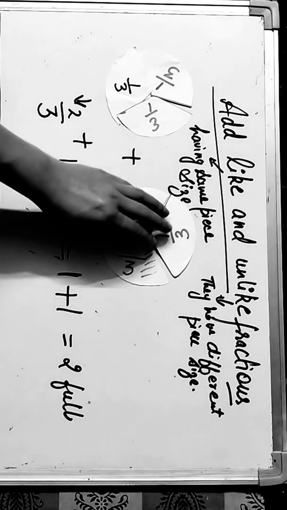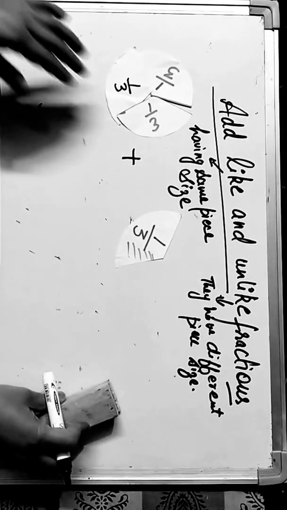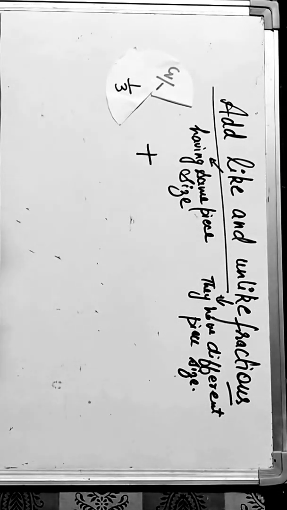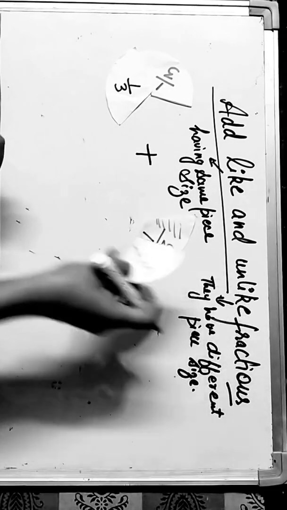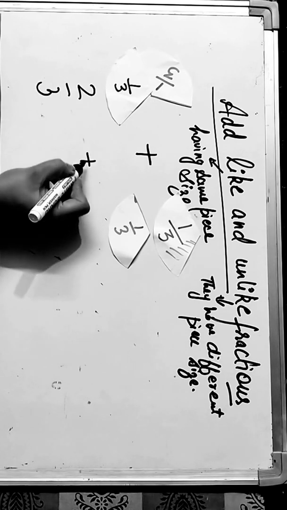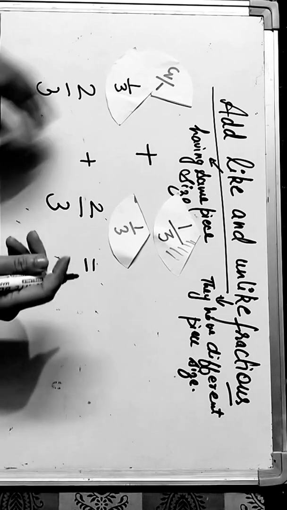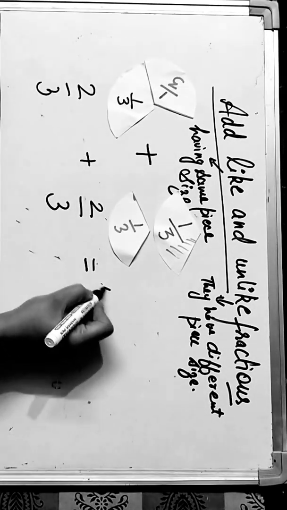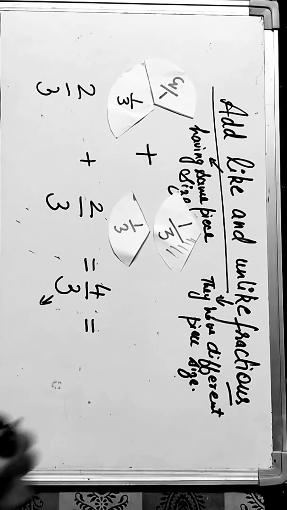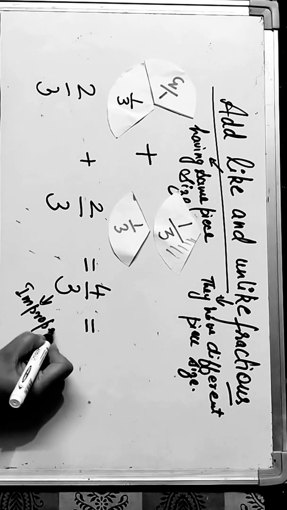Next, if I have 2/3 and I got 2 more thirds, how many thirds do I have? 1, 2, 3, 4. I have 4 thirds. What is the more way? We don't keep the answer in improper fraction.